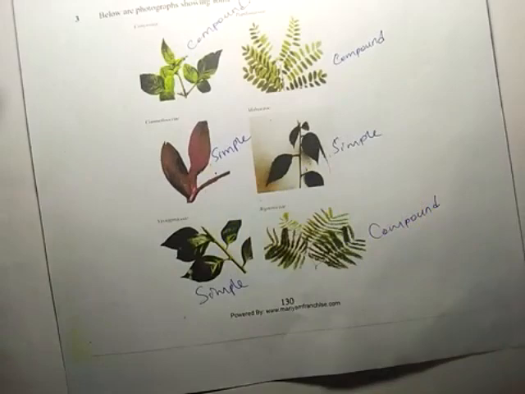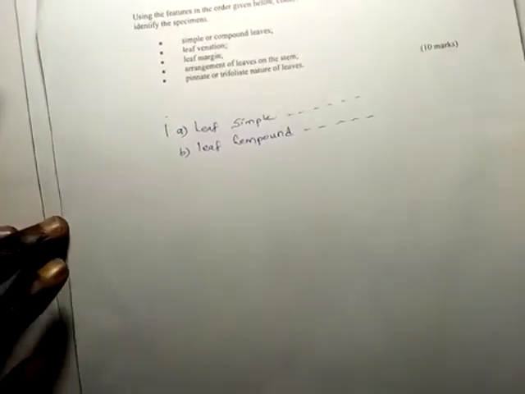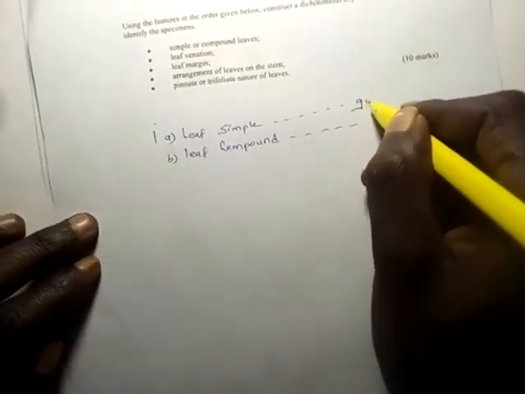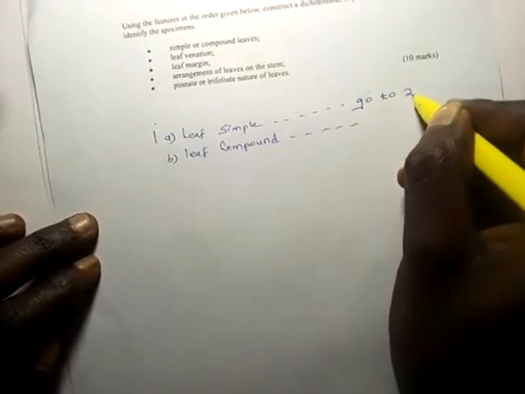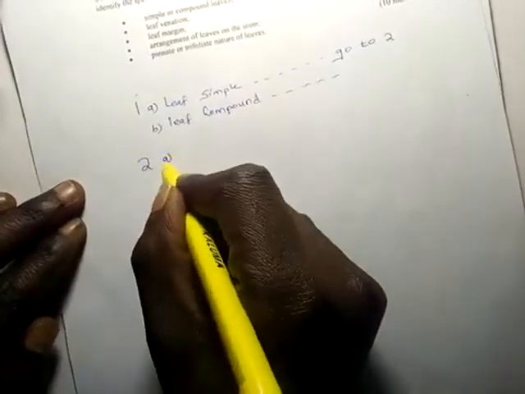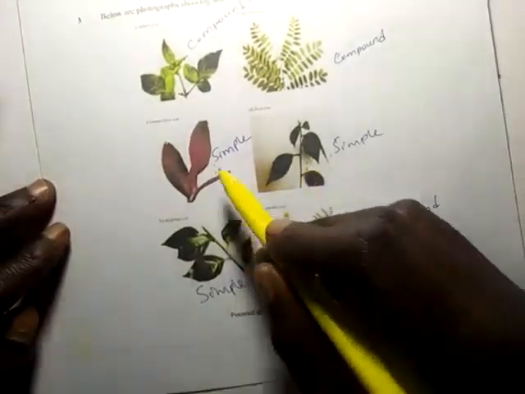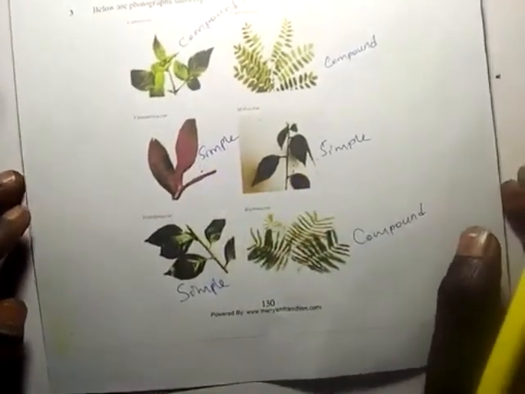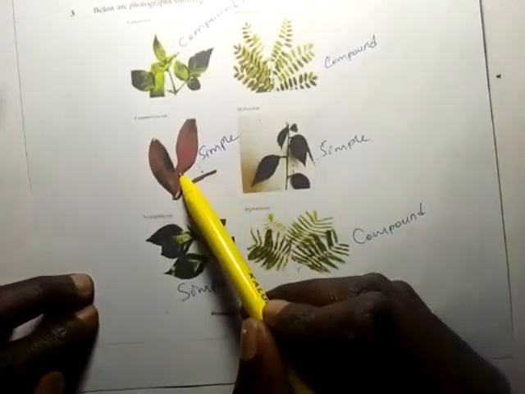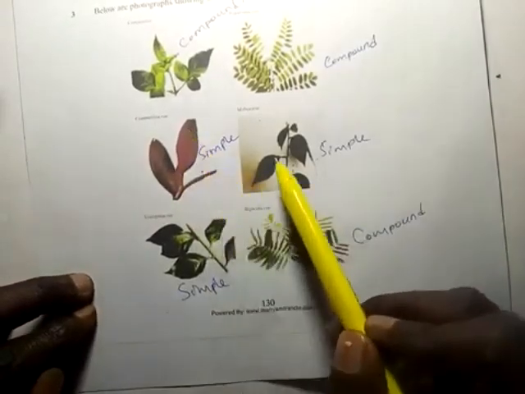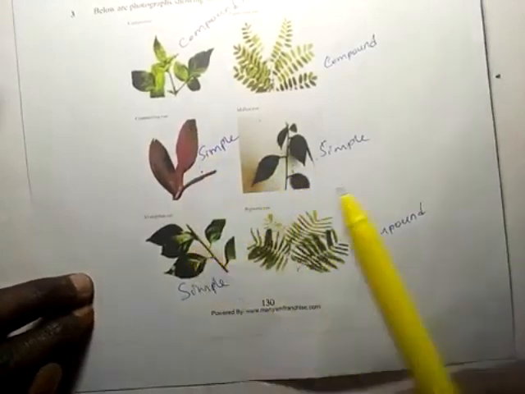Because there are many, you write go to 2, and then you go to 2a. Now you look at the 3, how you can differentiate by an observable feature. I can see parallel veined leaf and network veined leaves. I will say leaf with network veins.